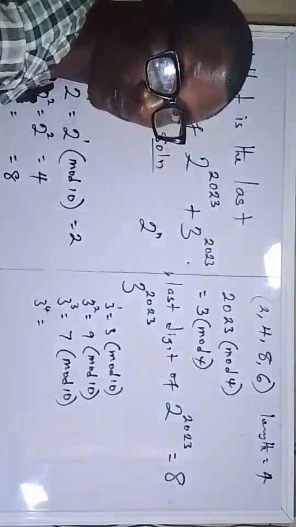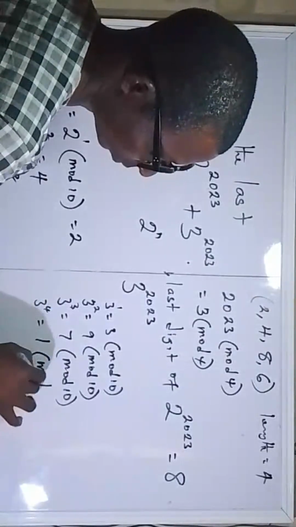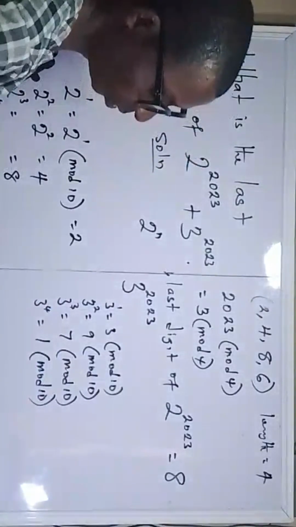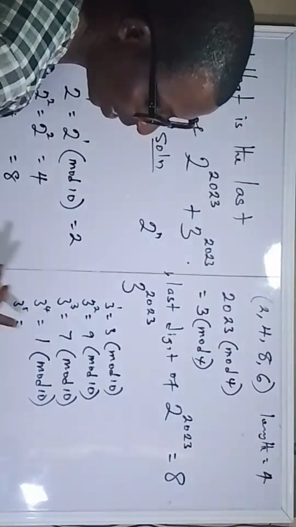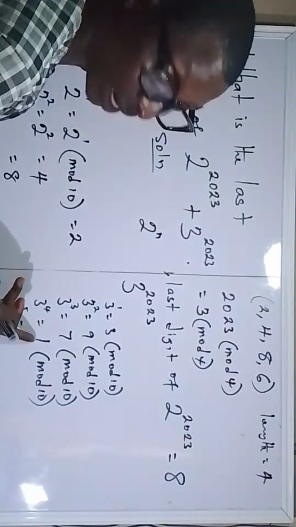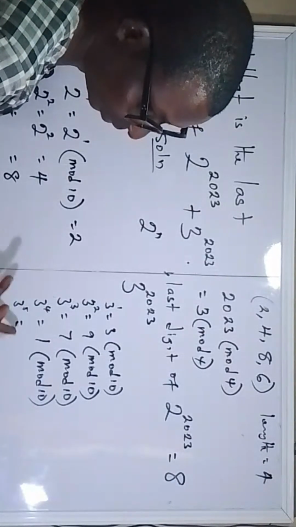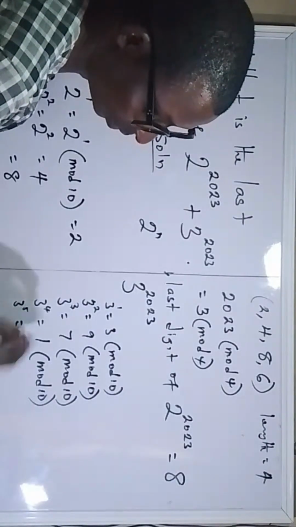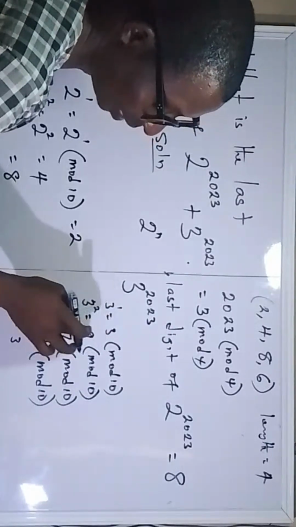That's 81. So the remainder is 1. So we have 1. Okay, the next one, 3 raised to the power of 5: just multiply 1 by 3. You are going to have a 3 back. So that means it's still 3. So you'll be having a cycle of 3, 9, 7, 1.